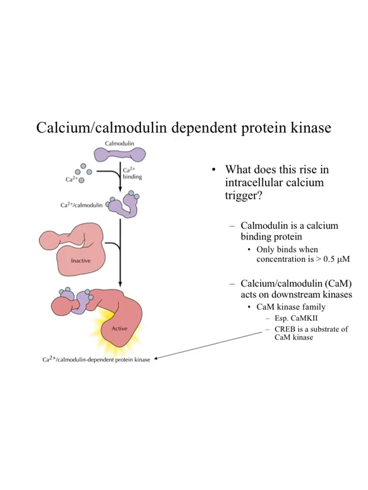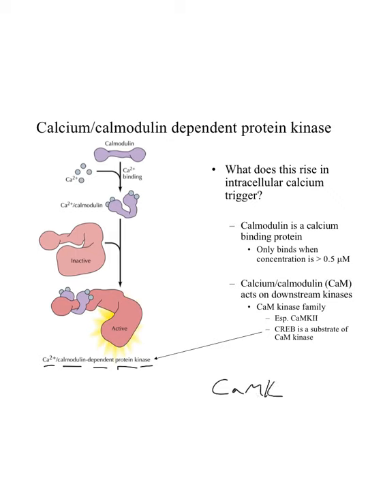So here's a look at the other divergent stuff that calcium can do. In addition to regulating some isoforms of protein kinase C, calcium's also a very important modulator of what we call calcium calmodulin dependent protein kinases. And often we'll just abbreviate this CAMK.